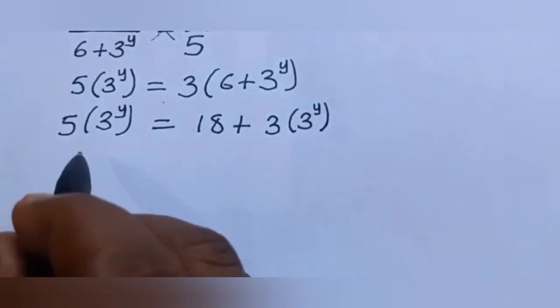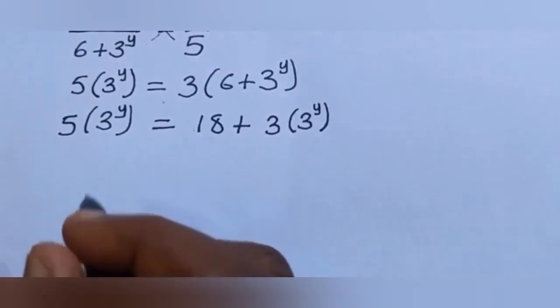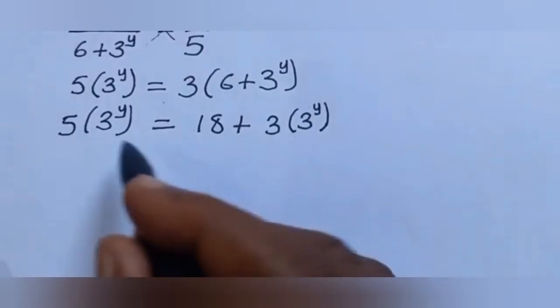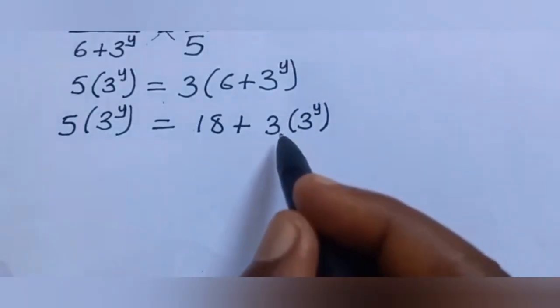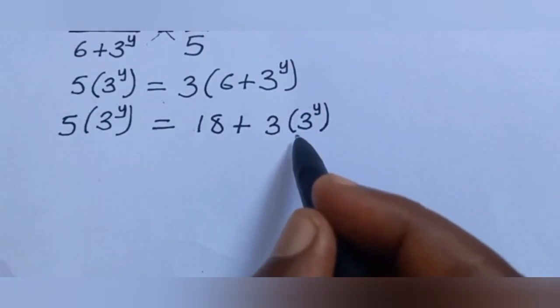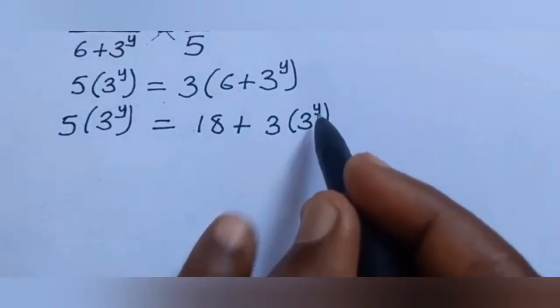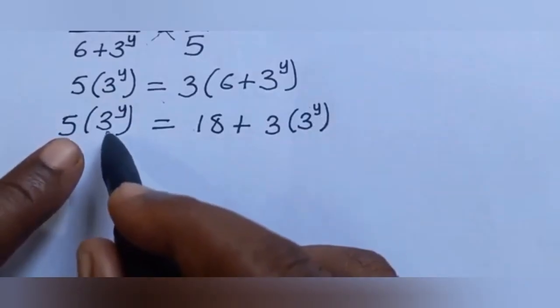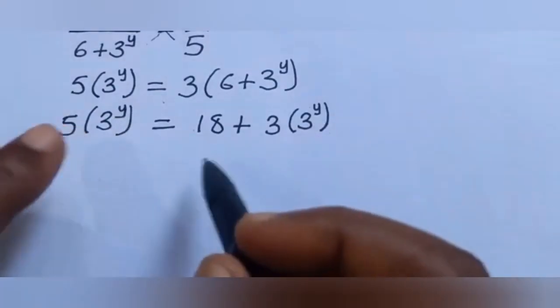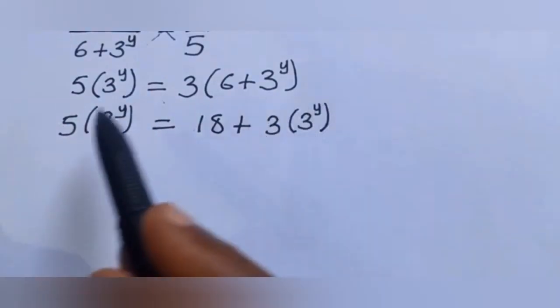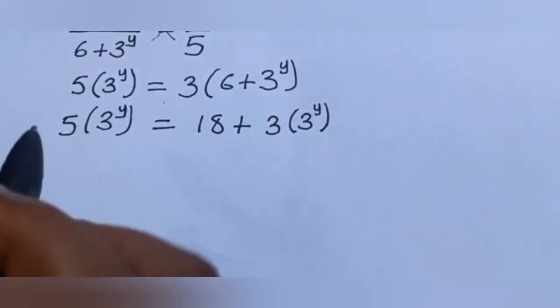Okay, here collect the like terms. This term is the same as this one. This is 3 raised to power y, this is 3 raised to power y. They are like terms, so let us put them together. Shift this term to the left hand side.